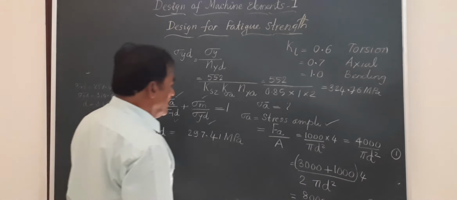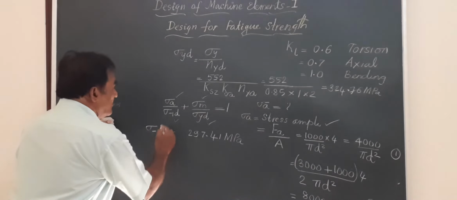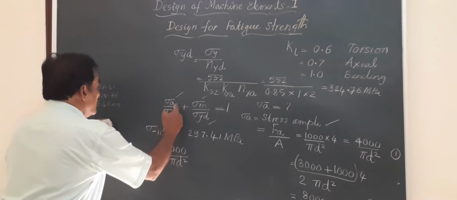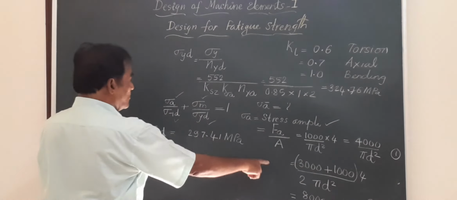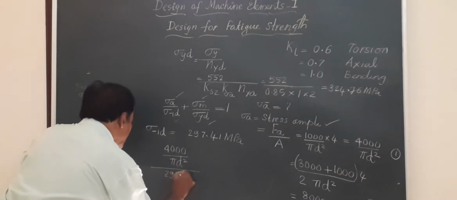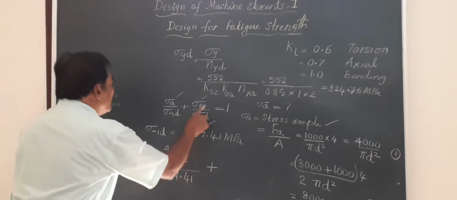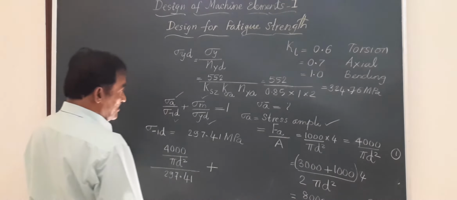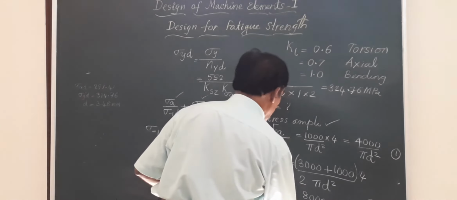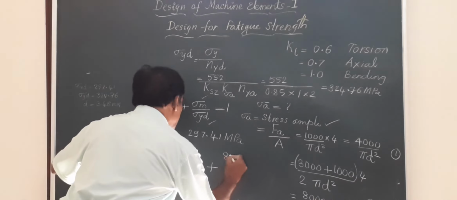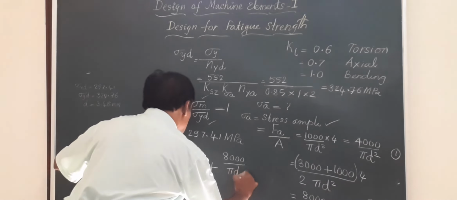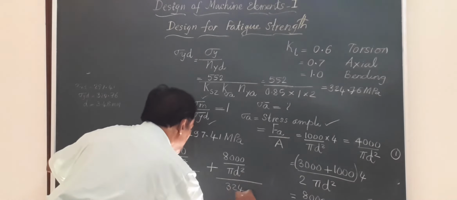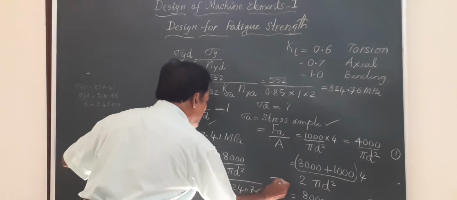Sigma A is given by 4000 by pi d square, divided by sigma minus 1d, which works out to 297.41, plus sigma m, the mean stress we have calculated here as 8000 by pi d square, divided by sigma yd, which is 324.76. The total quantity is equated to 1.